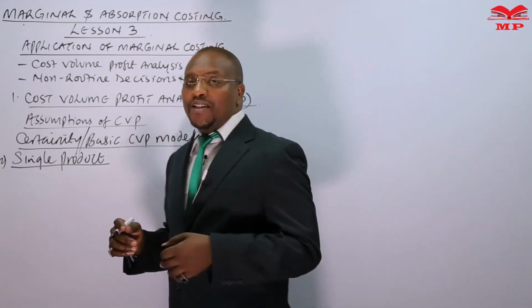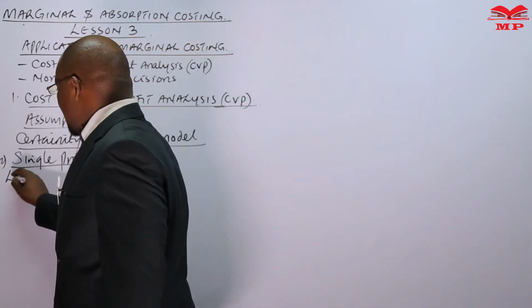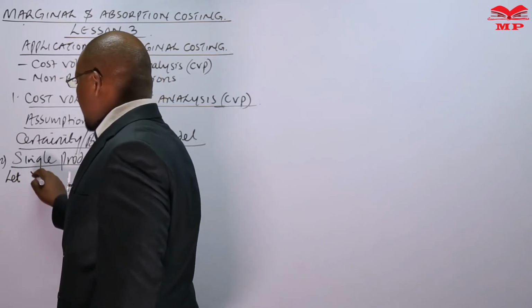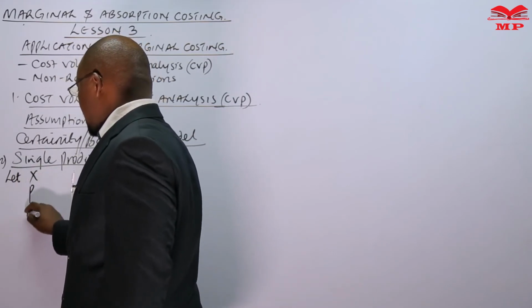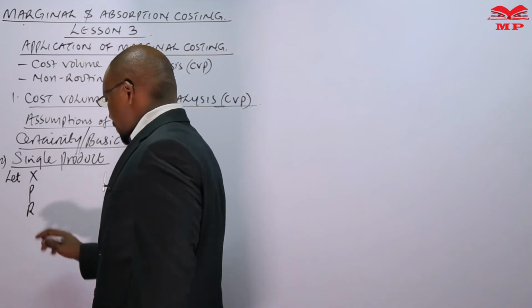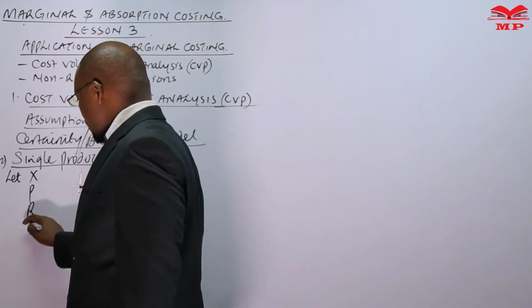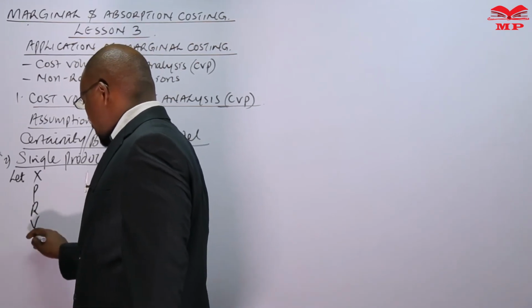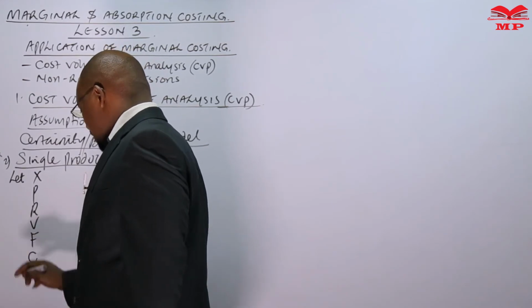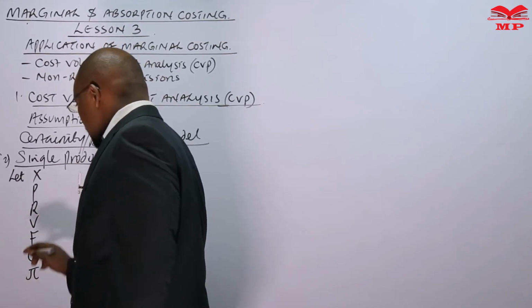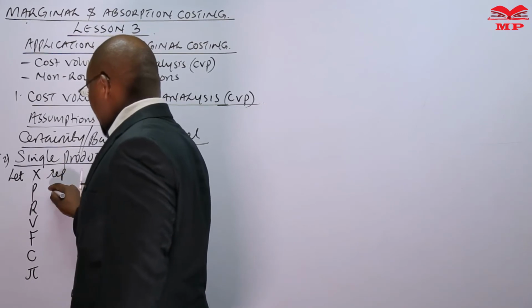But before that, let's look at the variables. We have X, we have P, we have R, we have V, we have F, we have C, we have pi, representing the following.